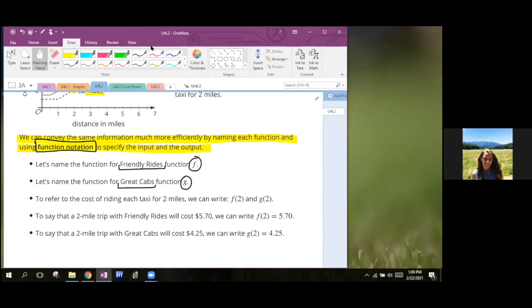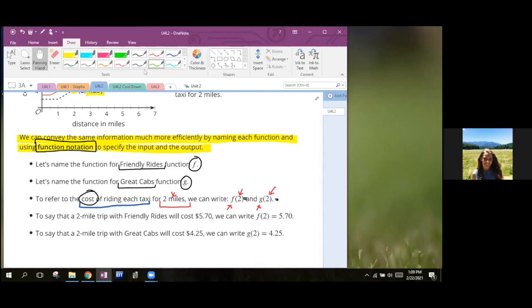Okay, so what it's saying here is when we're talking about the cost, we know that's our output. But they tell us our input. They tell us how many miles we traveled. Okay, so for each one, this one's for Friendly Rides after 2 miles, and this is Great Cabs after 2 miles. If we were to set those equal to anything, it would be set equal to the cost.